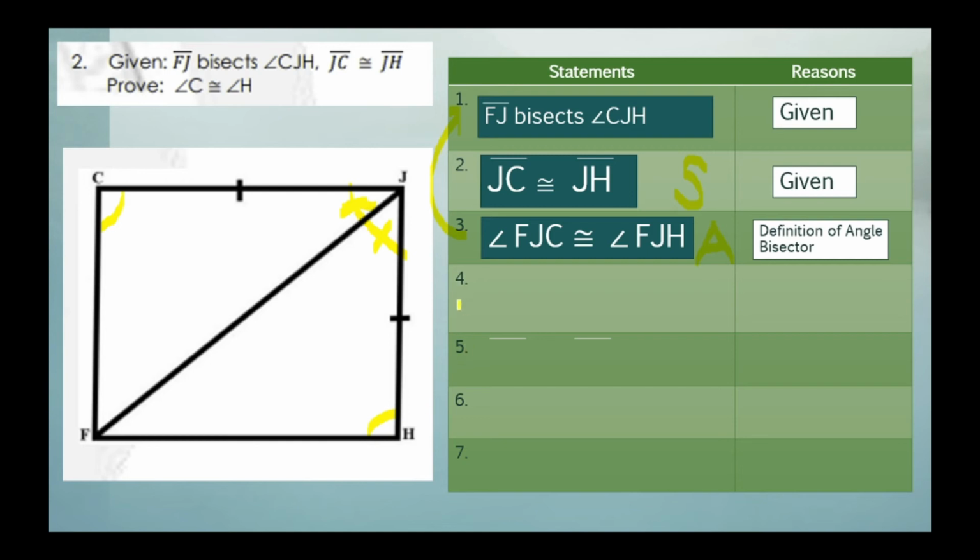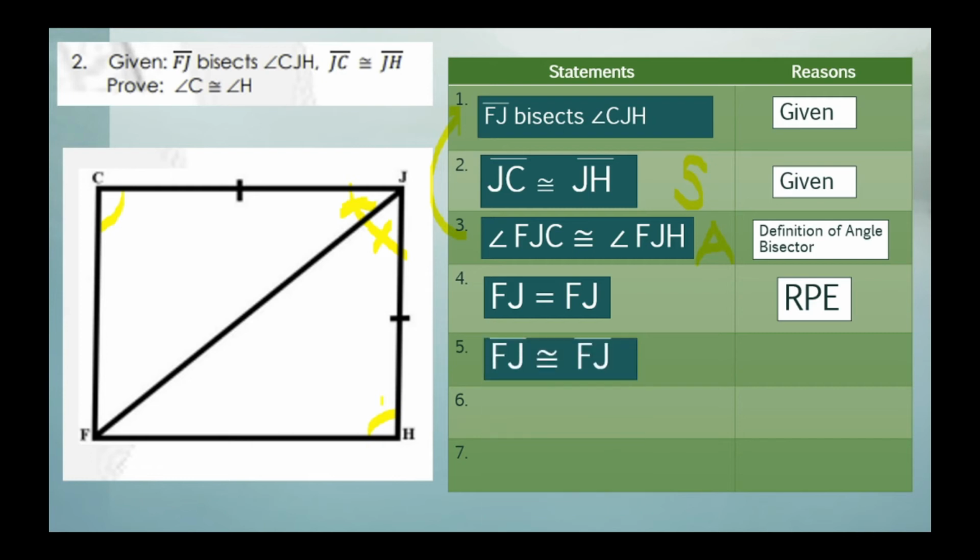So, what will be our statement number 4? Kulang pa tayo ng isang part. Now, take a look at FJ is equal to FJ. FJ is part of triangle FJC and FJ is also part of triangle FJH. So, meaning, by RPE, ano nga ang RPE? Reflexive property of equality.